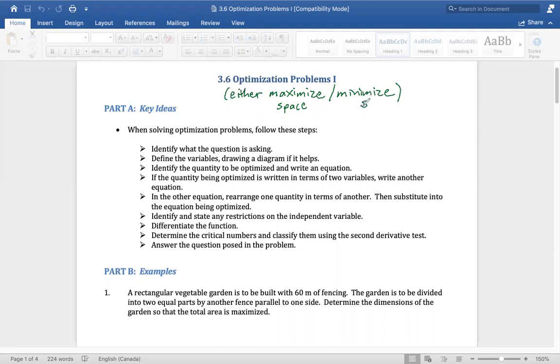Minimizing, let's say, is usually money. If we're talking about businesses, right? They want to spend the least amount of money creating, like for production costs to produce their product, let's say.